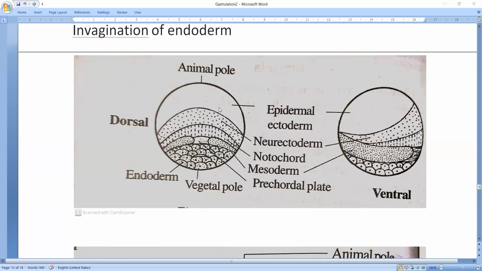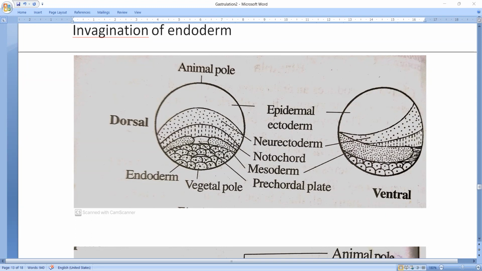So here, if you see, this is epidermal ectoderm and this is neuroectoderm. Neuroectoderm is quite different and separated downward. And this one is the presumptive notochord.